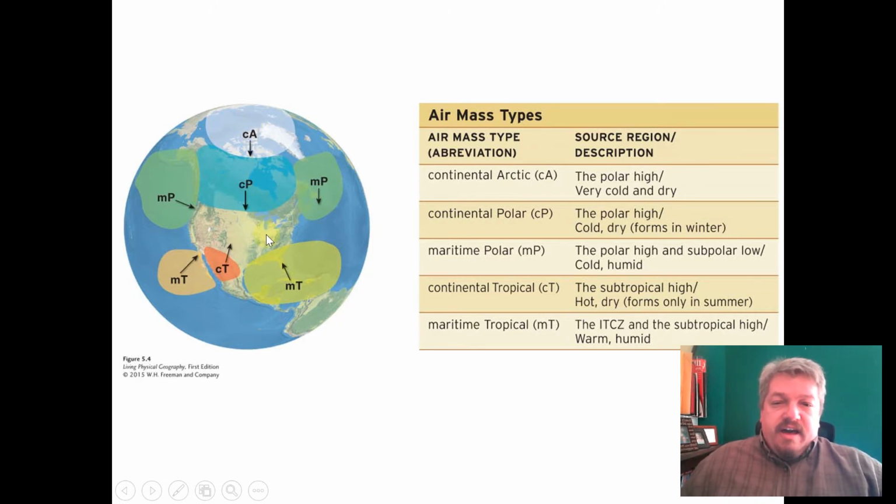You could have maritime polar, which forms in the North Atlantic or the South Pacific Ocean. So cold, moist air. Where we see the most storms, by the way, is where these air masses butt up against each other, especially if one has different humidity levels.